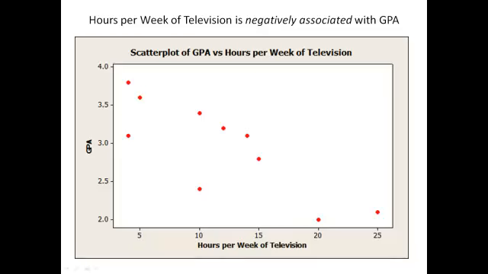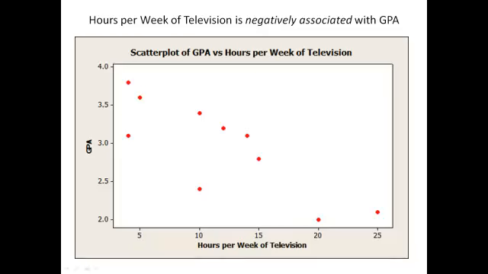So now we can take this a step further and calculate the Pearson linear correlation coefficient for these two variables. And since it looks like there's a negative linear relationship between hours per week of television and GPA, we'd expect R to be negative.